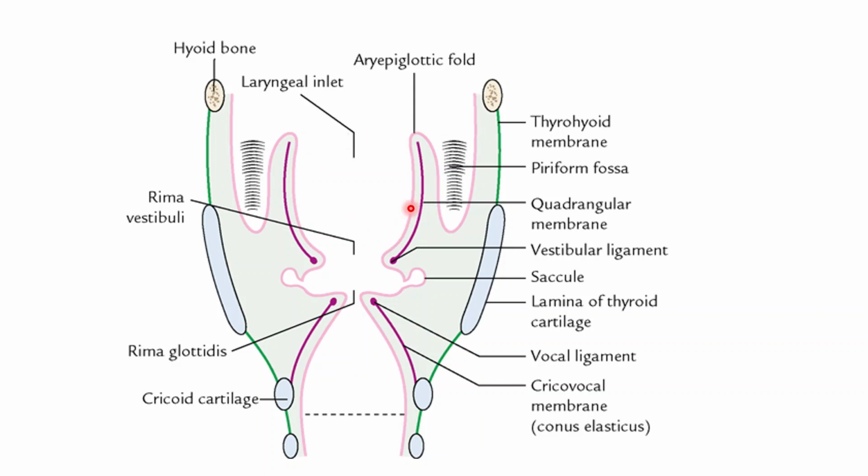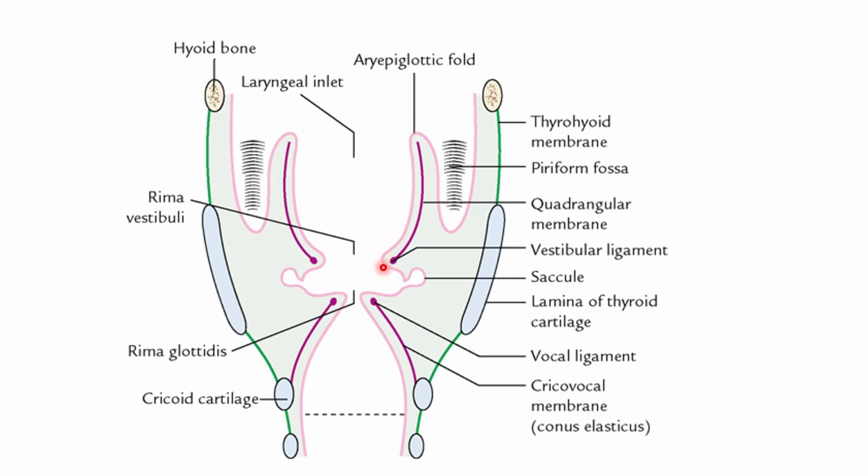This upper part of the larynx is called the supraglottic part, which extends from the laryngeal inlet above and is limited below by the vestibular fold, where the vestibular ligament is located. Deep to the vestibular fold lies the vestibular ligament.